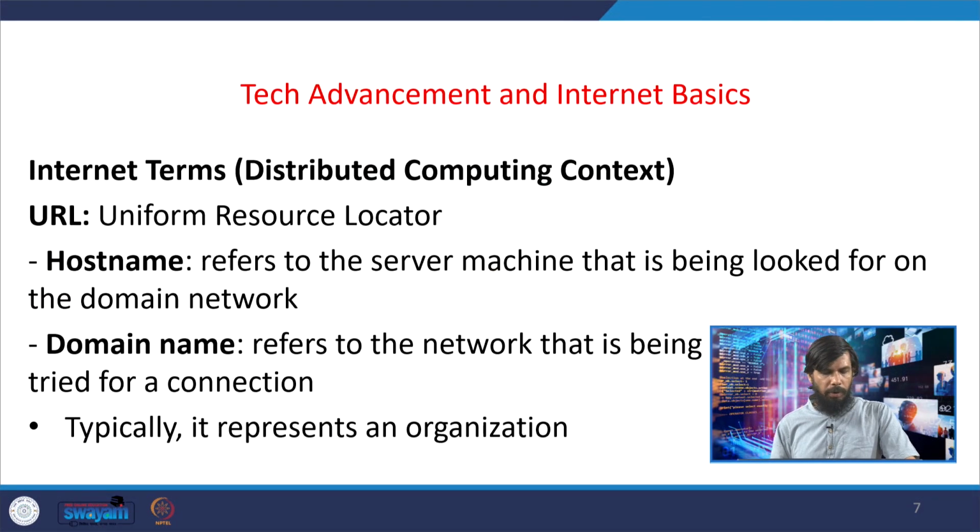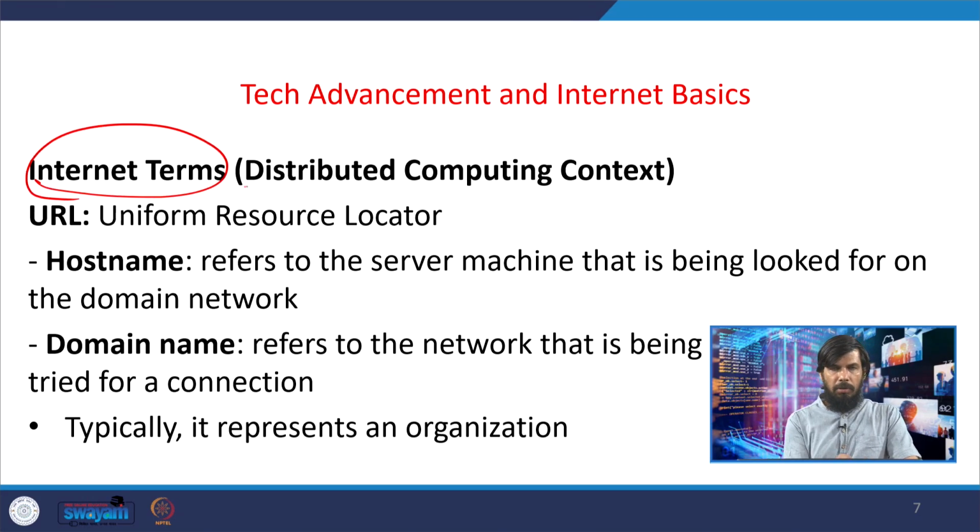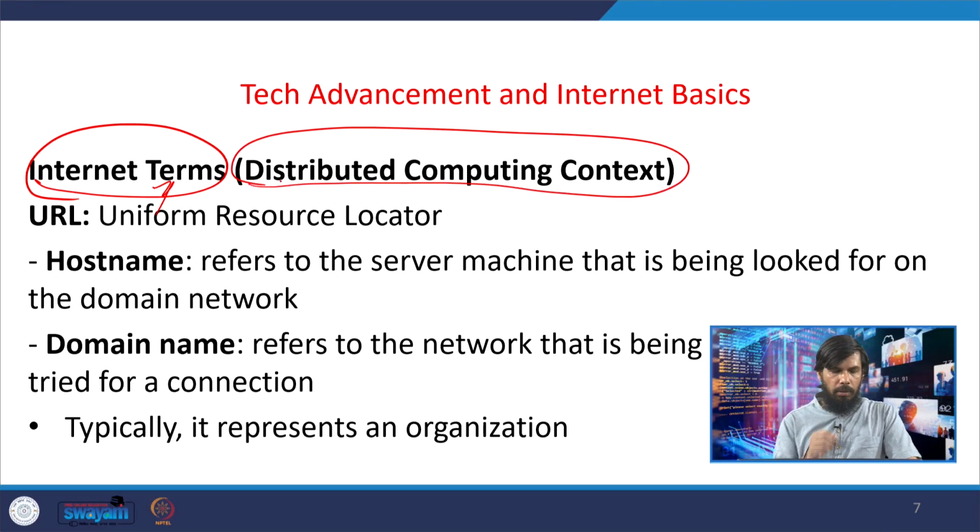Then moving forward, we'll go through some of the internet terms that are very common in our discussion in the digital transformation and information systems course. And the internet terms are obviously distributed. We are in a distributed computing context, so these terms are applicable in that sense.